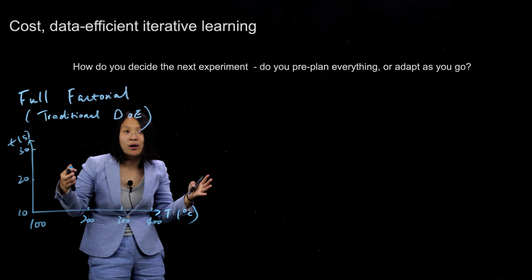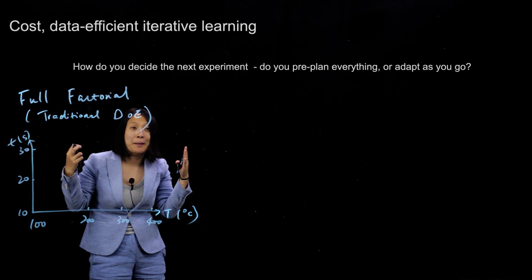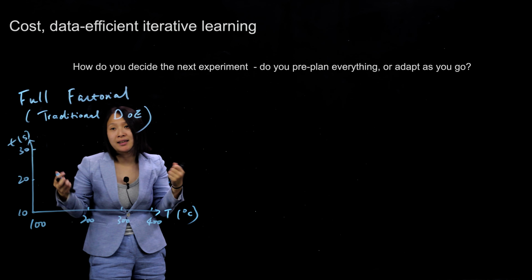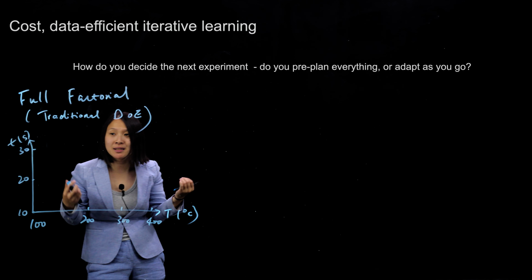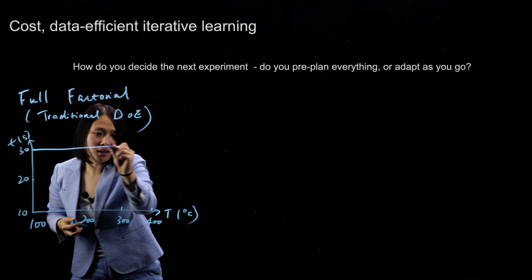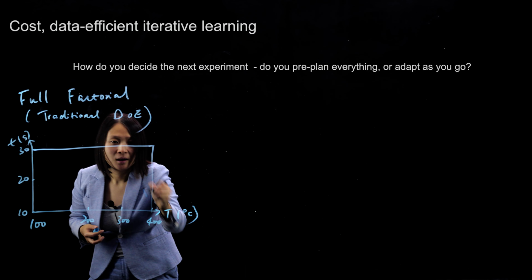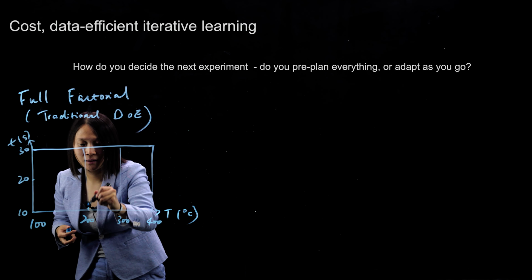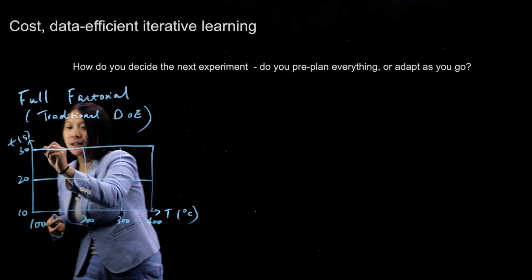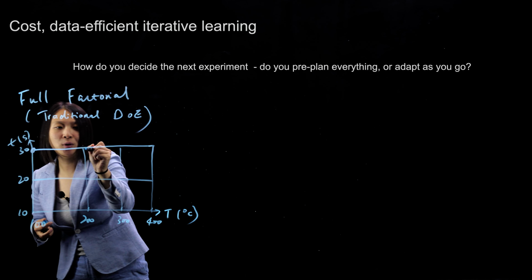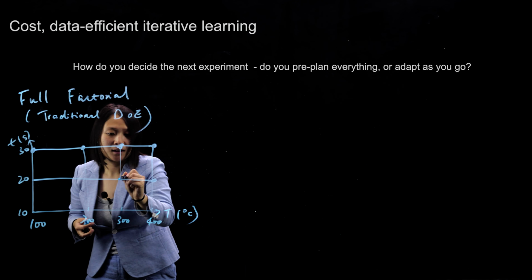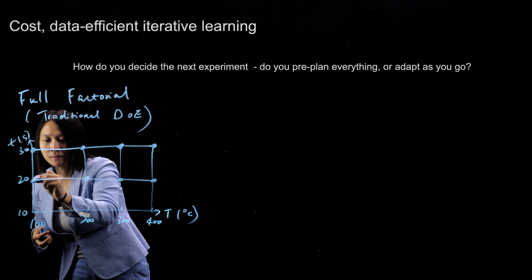So we want to study what is the maximum property of interest, in this case the quality of our thin films, and what is the best condition to achieve that. So what we can do is build a grid. In this case, we will sample at these specific conditions of interest.